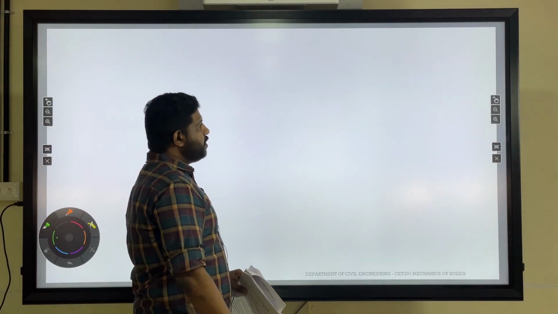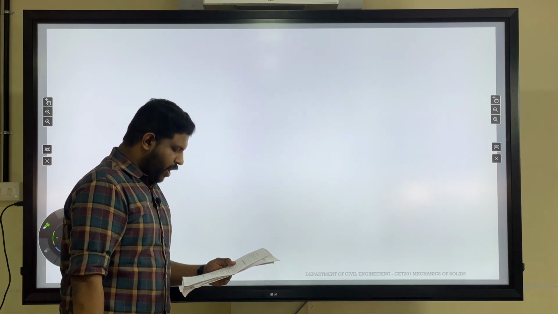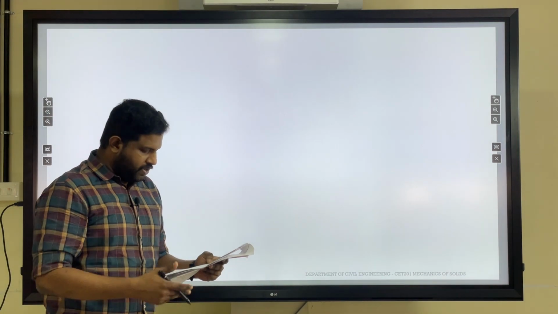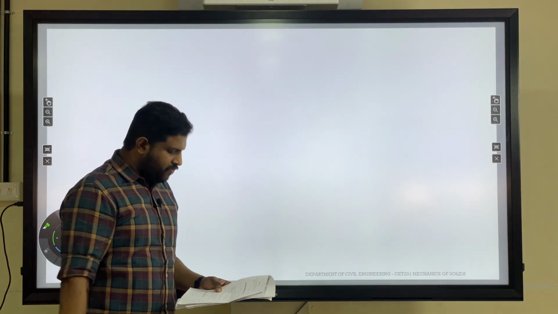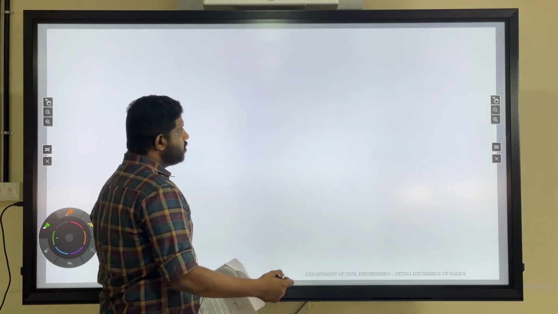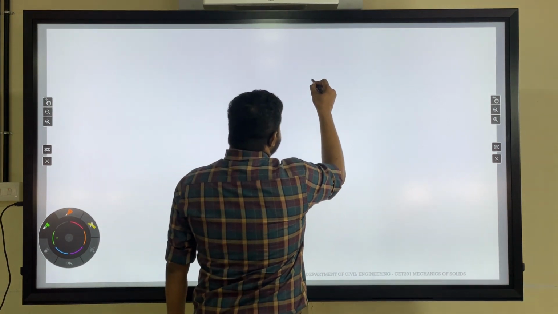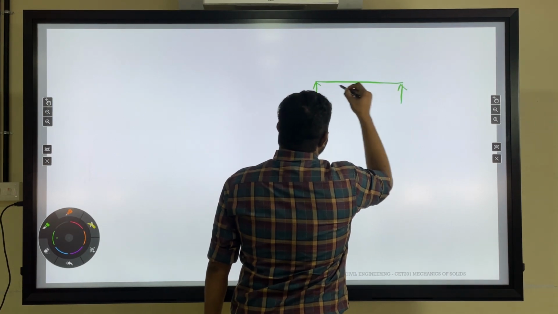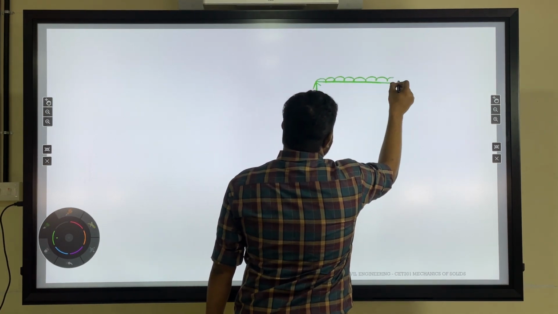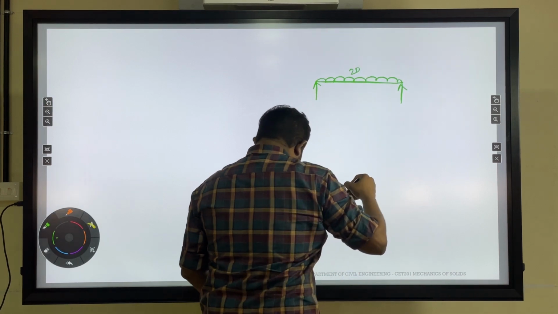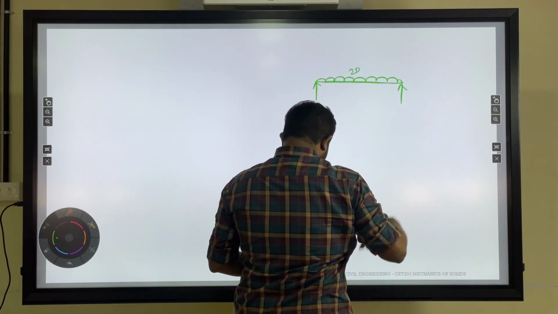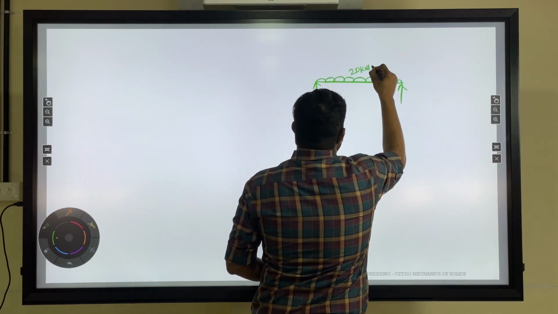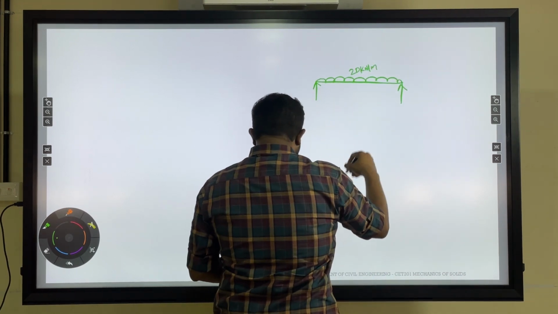In the third part of the question, it is asked to calculate the bending stress and shear stress which is located at a distance of 50 mm above the neutral axis. So here, this is a simply supported beam carrying a UDL of 20 kilonewton per meter for a length of 5 meter.